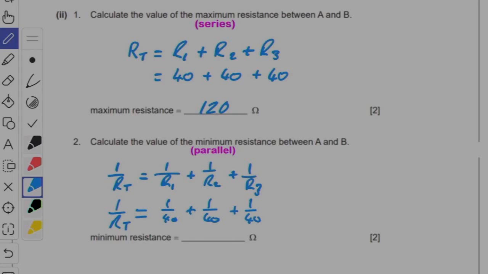And so we've got 3/40ths there equal to 1 over RT. And the fact that it's equal to 1 over RT means that RT itself is going to be that fraction upside down, so we get 40 over 3. So RT itself will equal 13.3 ohms.